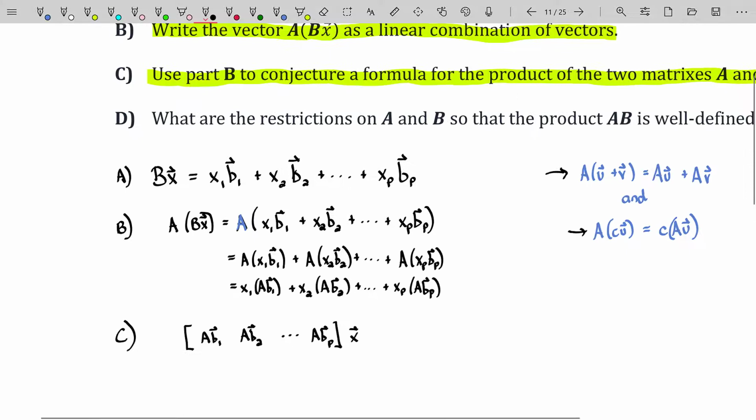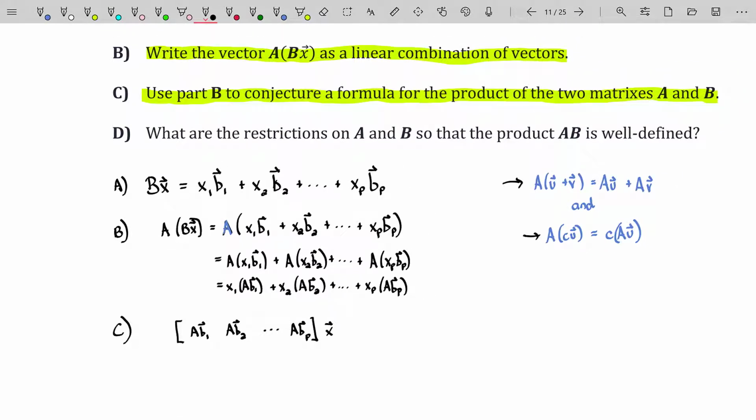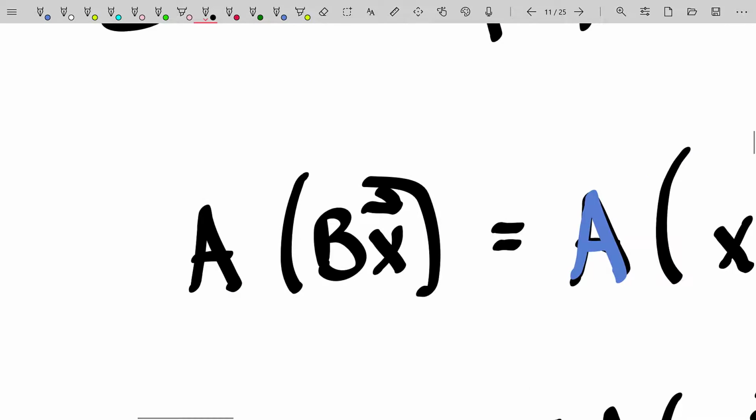Now, this doesn't actually give us an obvious conjecture maybe, but let's go ahead and make a conjecture about the matrix product A times B. Well, if you take a look at part B, we have A, the matrix, times the quantity B times the vector X.